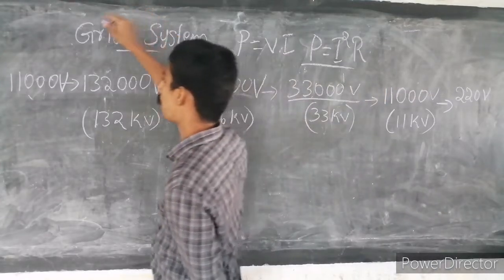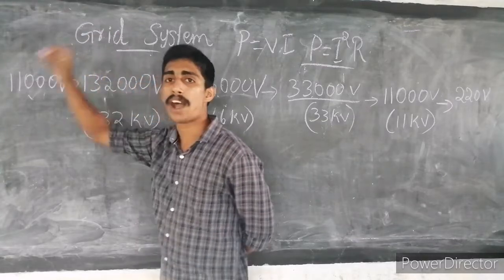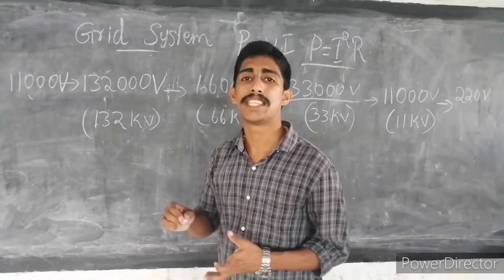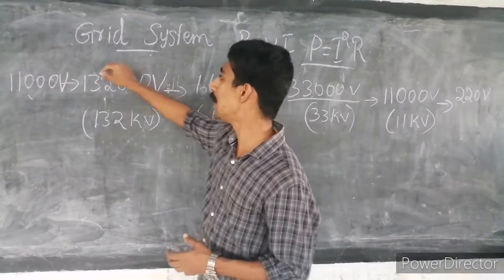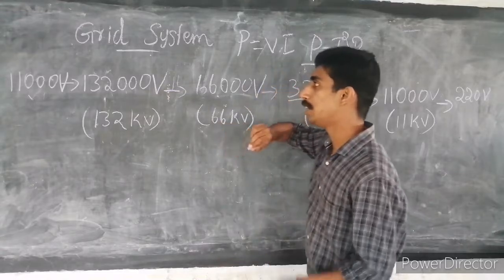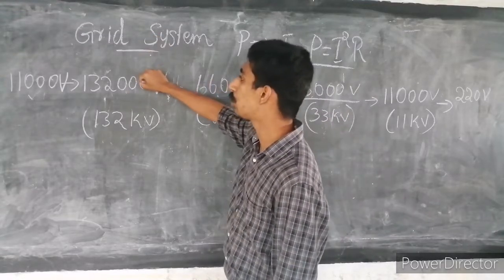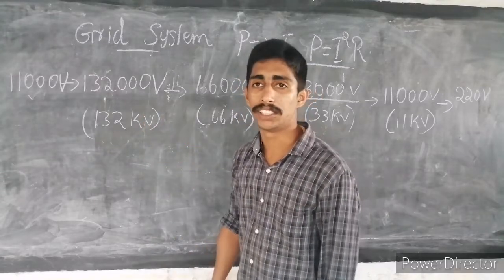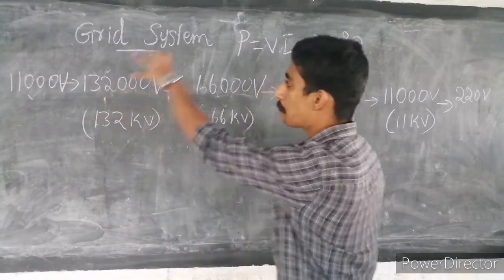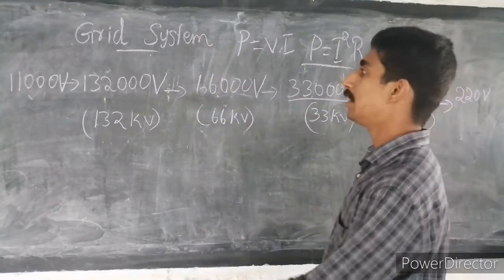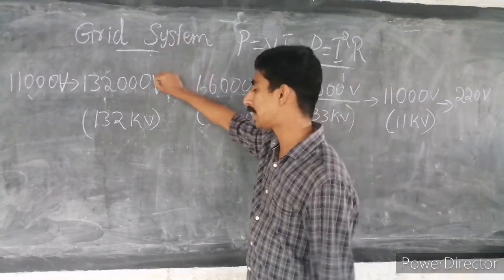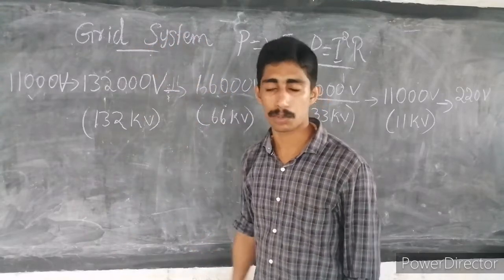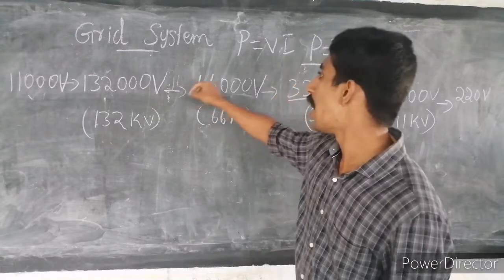To reduce the power loss, we have to increase the potential difference and reduce the electric current. So firstly we will use the step up transformer. The step up transformer in the powerhouse will increase the potential difference to 132 kilovolt.